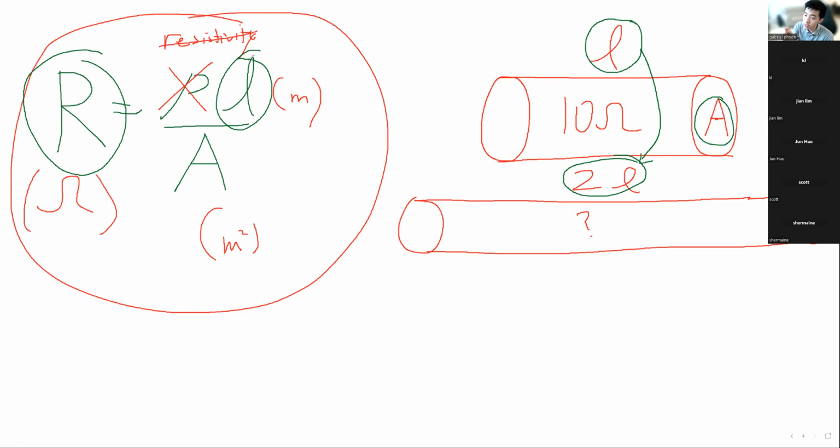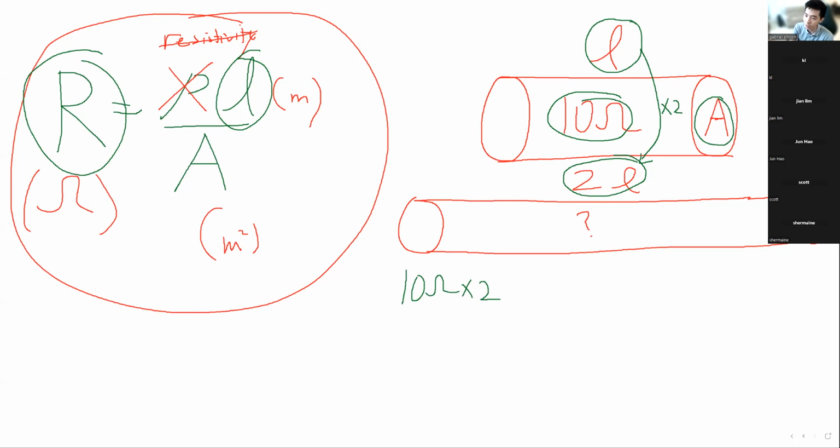So based on the length itself, which doubled, I already know that the original resistance is doubled. If I ignore the area and just look at the length, I know that this will be 20 ohms already at this point, right?